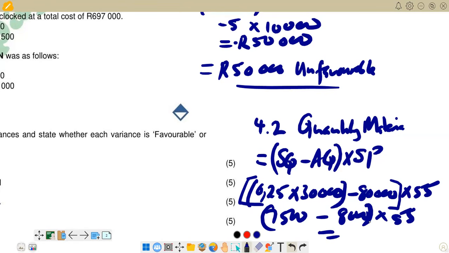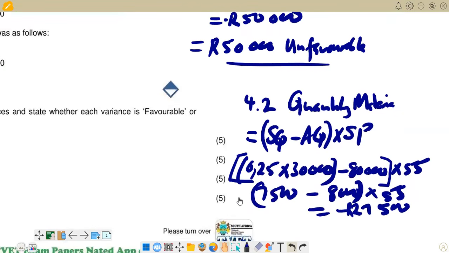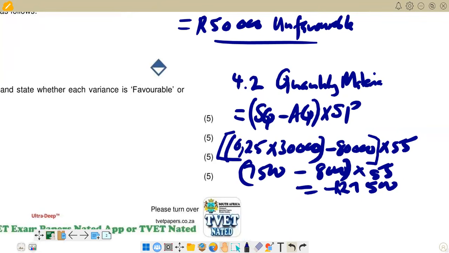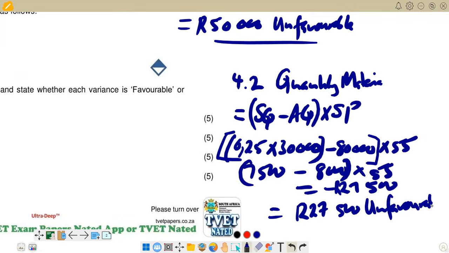Then you multiply by 55, and you get negative 27,500. Of course, this is in rands. Remember, our question requires us to indicate whether it's favorable or unfavorable. Since we are getting a negative, it means it's unfavorable. So it's equal to 27,500 unfavorable. So that is what we have here on 4.2.